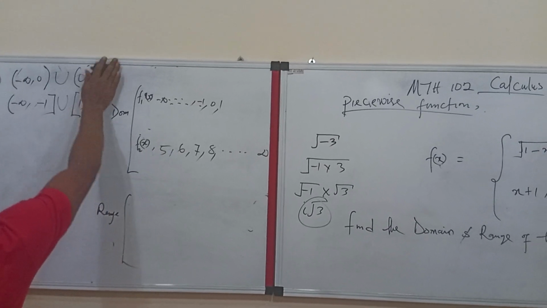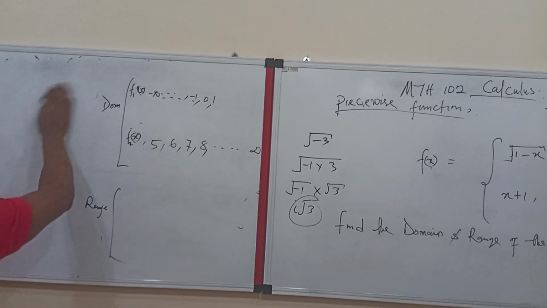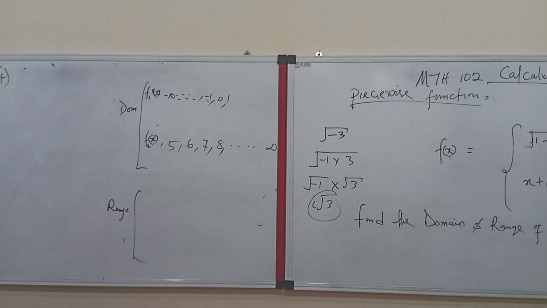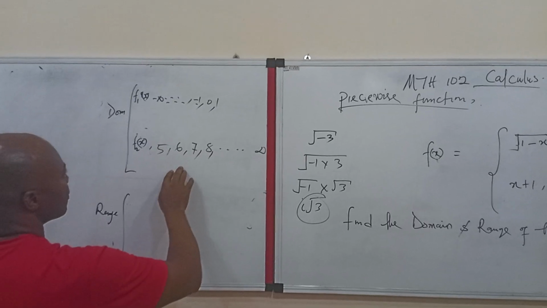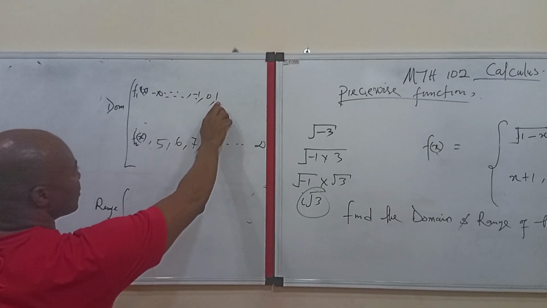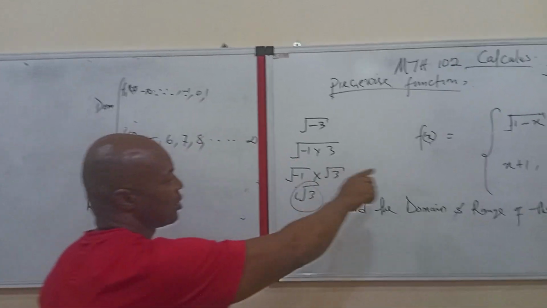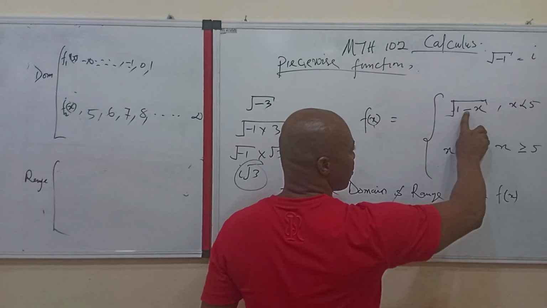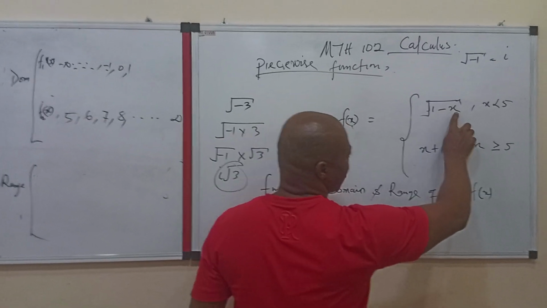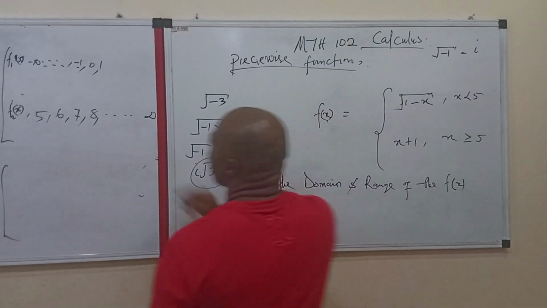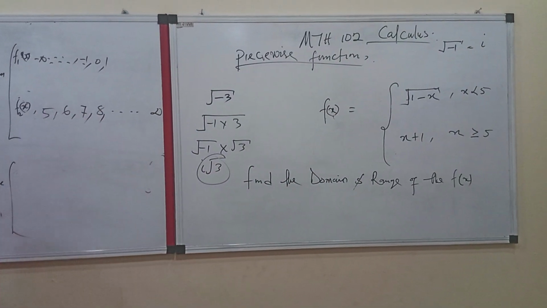How will it look? Remember here, if you put -1 inside, a minus times that -1 makes it plus 1, so 1 plus 1 will be 2. So all these negative values will work.